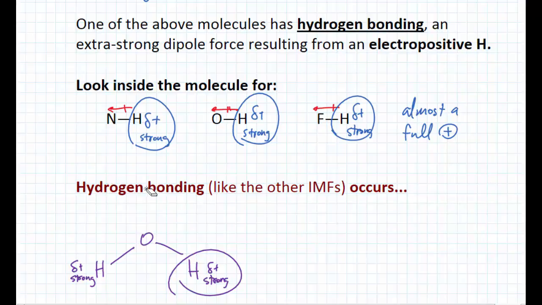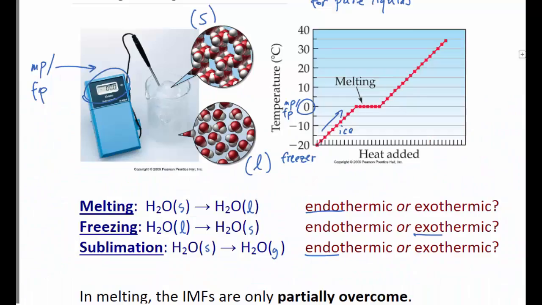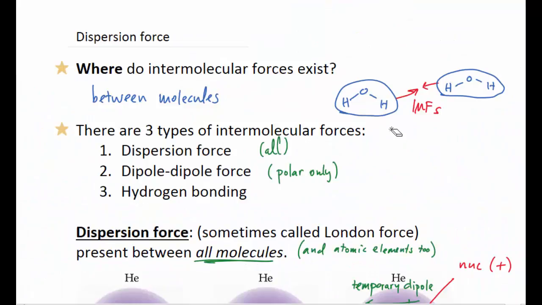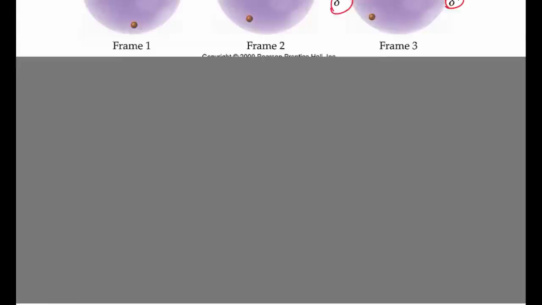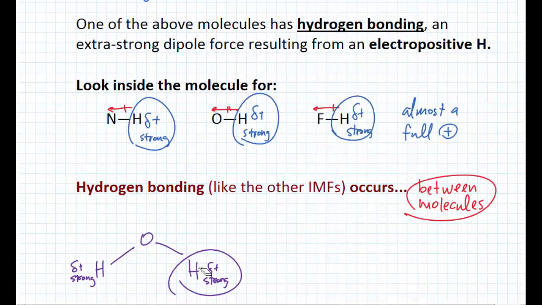Think about this. Let's answer this question. Hydrogen bonding, it's like all the other intermolecular forces. And where do intermolecular forces occur? Between. Okay, there we go. We drew this picture up here before, just in general saying intermolecular forces happen in between molecules. We can be much more specific now in saying that the hydrogen bonding means this H is going to be very strongly attracted to what?